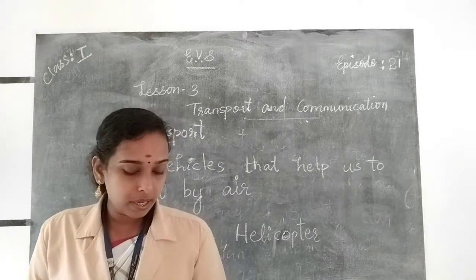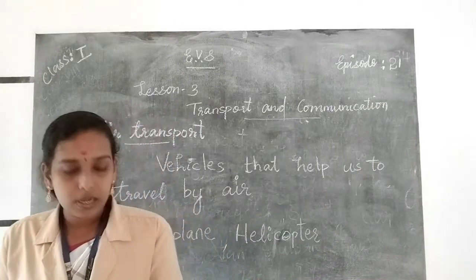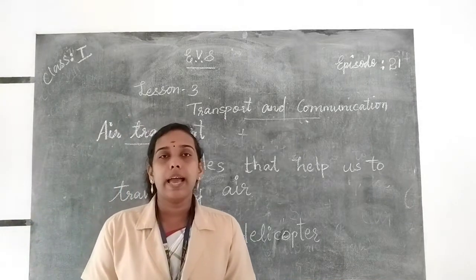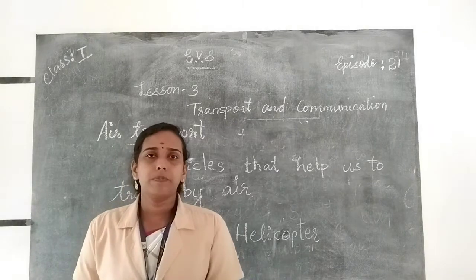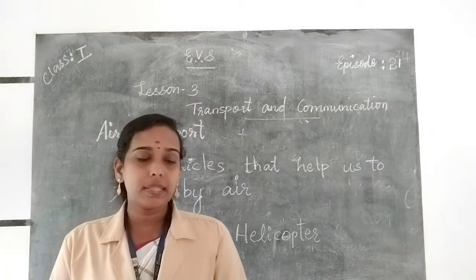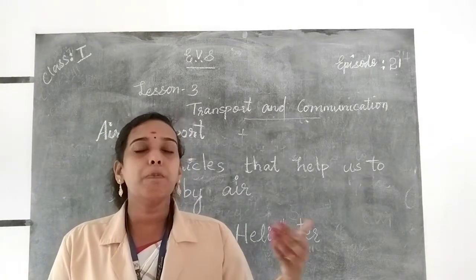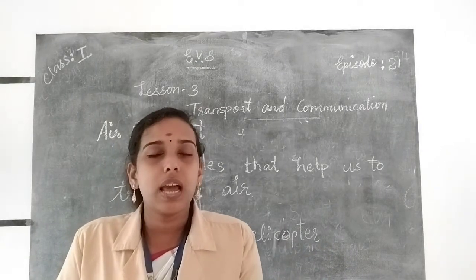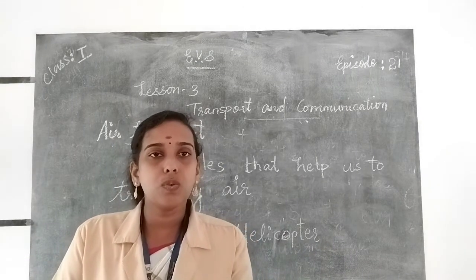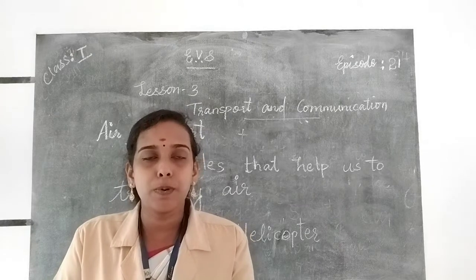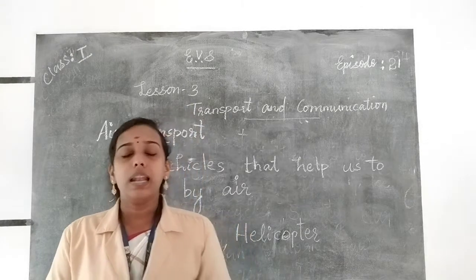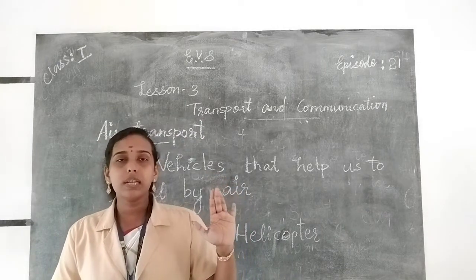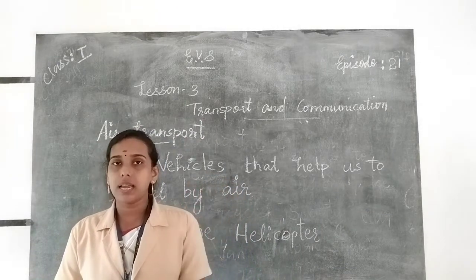Okay. So here today we learned about transport and different means of transport. So what do you mean by transport? Transport means traveling from one place to another. Traveling from one place to another is known as transport. And there are three main means of transport, and they are land transport, water transport and air transport.